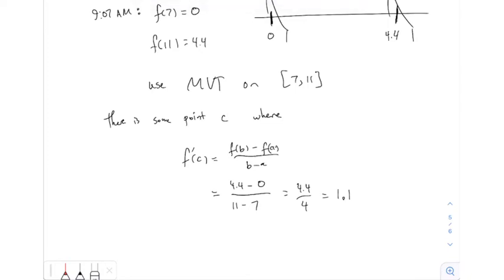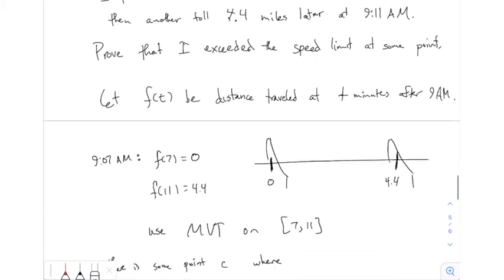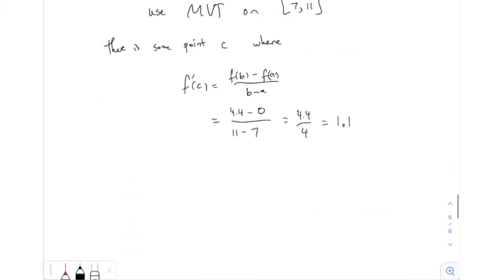Just because of the way everything is working out here, the time units are minutes and the distances are miles, right? So what this means is, at some time, I don't know when, but at some time, like this c, the mean value theorem doesn't tell you when the time is, but anyway, at some time my speed was 1.1 miles per minute.